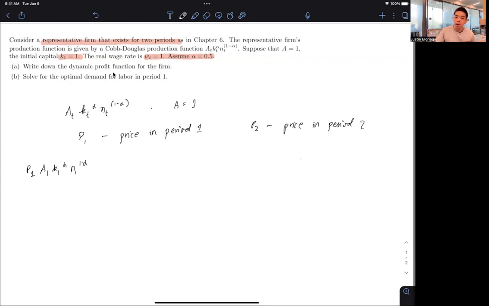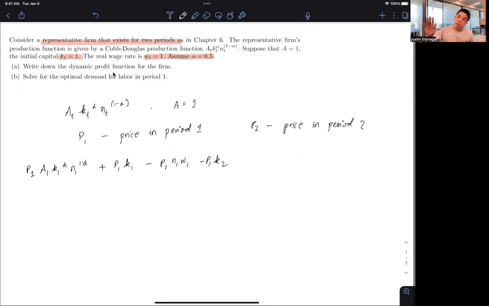That's the total revenue in the first period, plus the value of the capital that the firm initially has in the first period, minus P1 N1 W1, which is the labor cost to the firm, minus P1 K2, the cost of obtaining new capital for the second period.